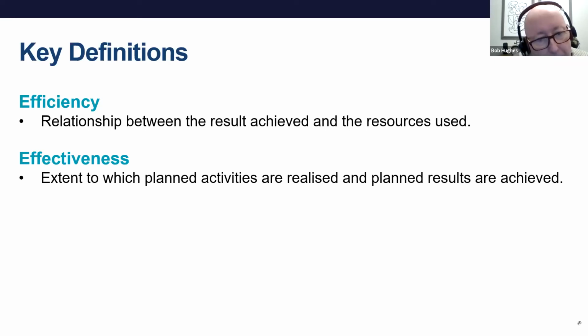Effectiveness. When we talk about the effectiveness to which planned activities are realised and planned results achieved, this is more what the client sees. So the organisation sees efficiency. The client sees the effectiveness of our processes. So it's becoming more and more extreme, because one thing that we can't measure is reputation.